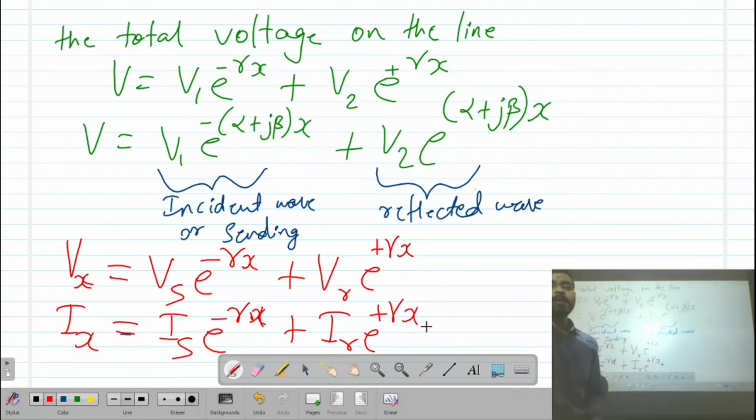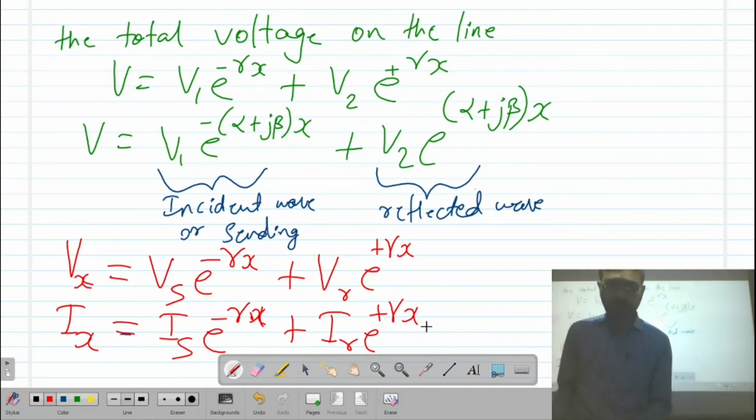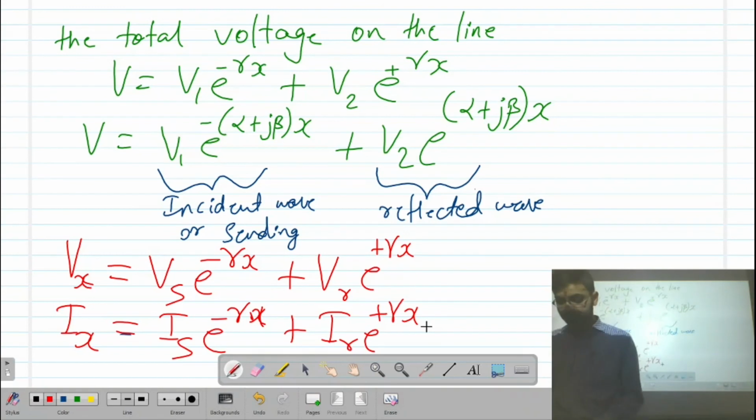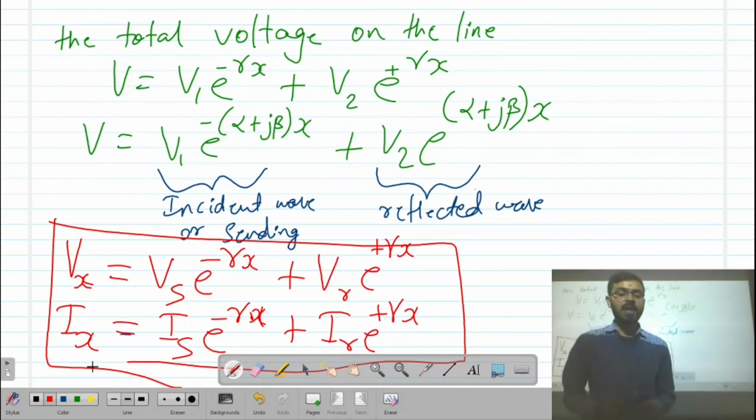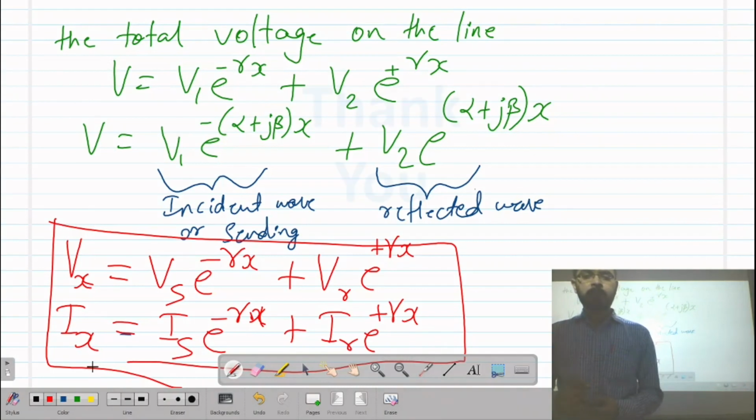You can also substitute the value of gamma, that is alpha plus j beta. So this is all about the two equations of current and voltage, and the voltage and current relationships in a two-wire transmission line, right? Okay, thank you.